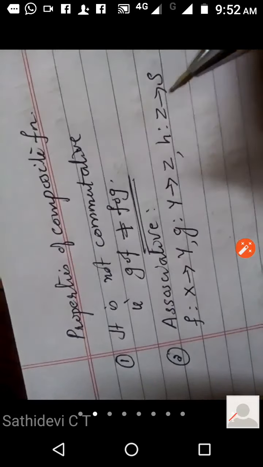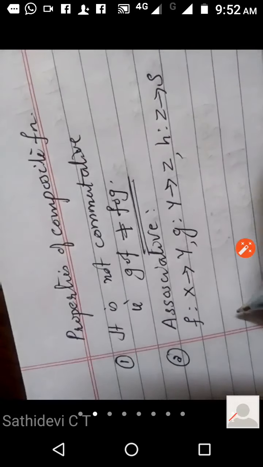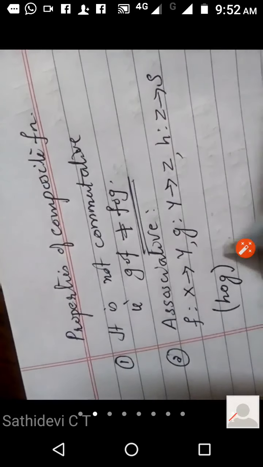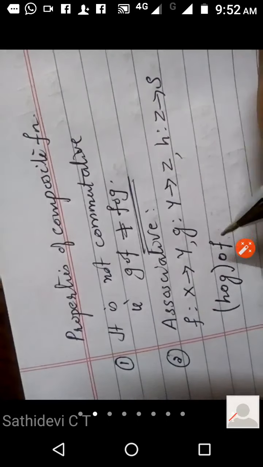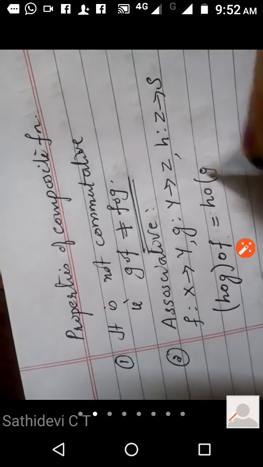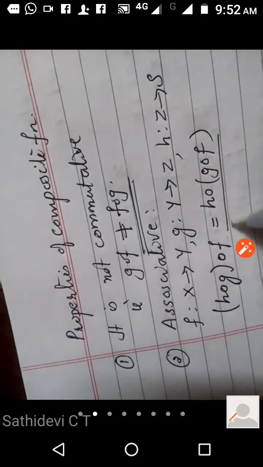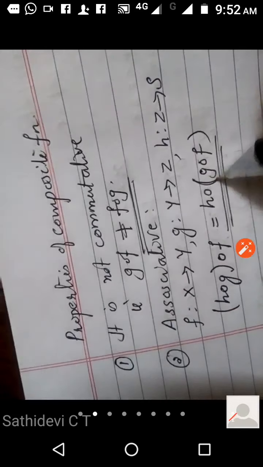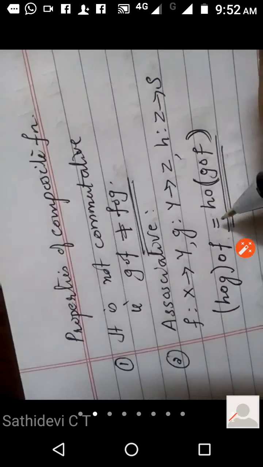And associativity means what? H composite G, together you take, then composite F will be equal to H composite G composite F. This is the associative property. If there are three functions, any two you take in brackets, then both ways you will be getting the same answer.